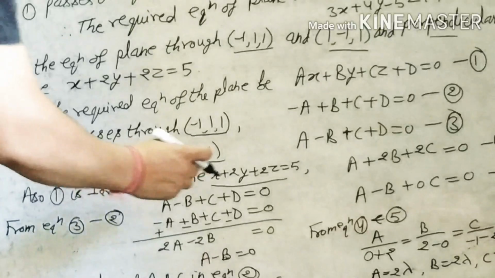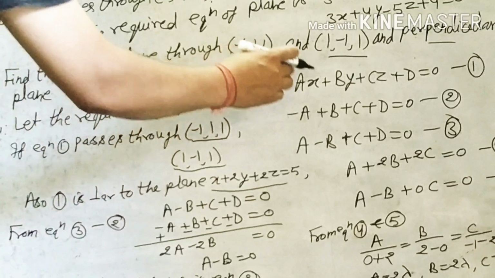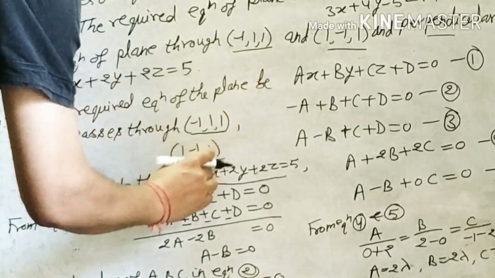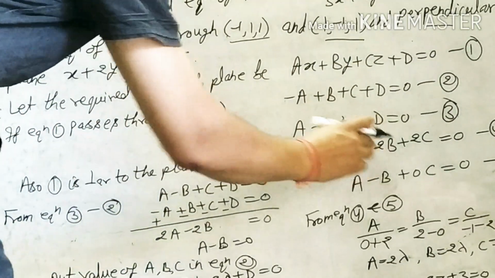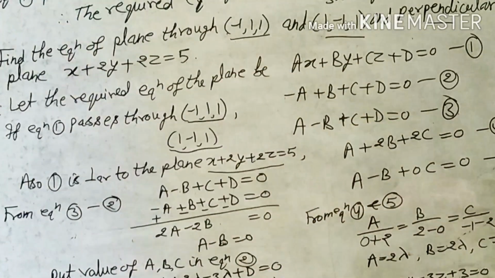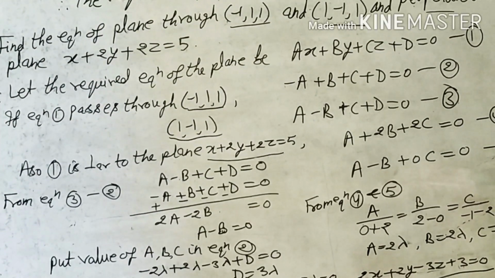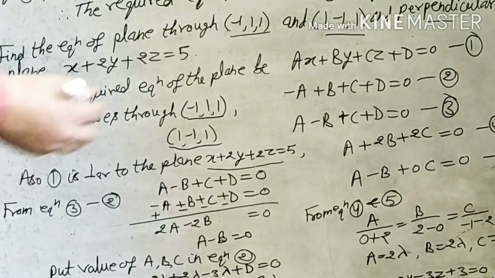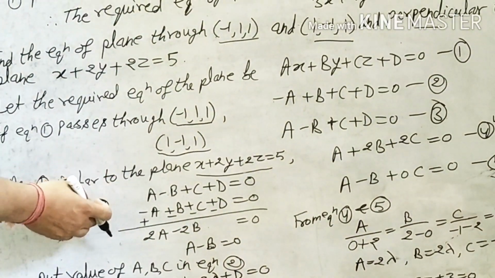Here the coefficient of x is 1, so 1 into a, plus coefficient of y 2, here b, 2b, plus coefficient of z 2, here c, 2c equal to 0, because it is the condition for perpendicular. So that will be your fourth equation.